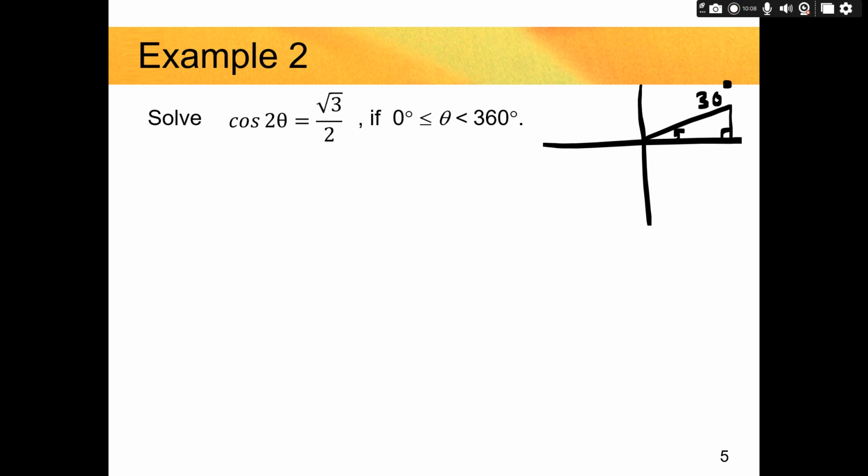We don't care about the 2 theta yet. We just care about when the angle is. So you're looking for an x coordinate that's a positive root 3 over 2. It happens there. And let's see if this one works. And it happens here. That's 30.